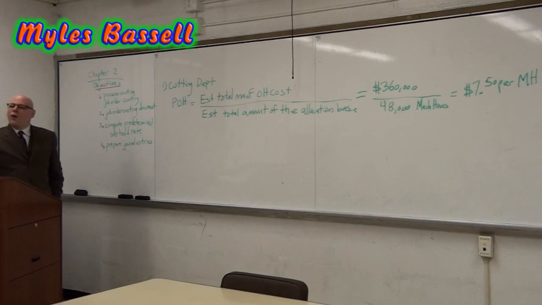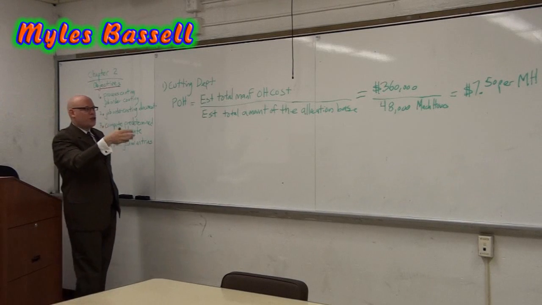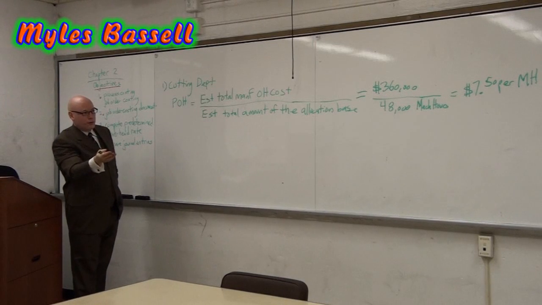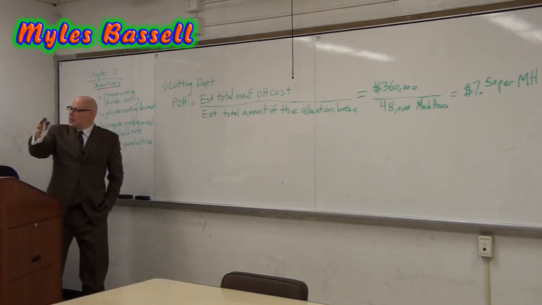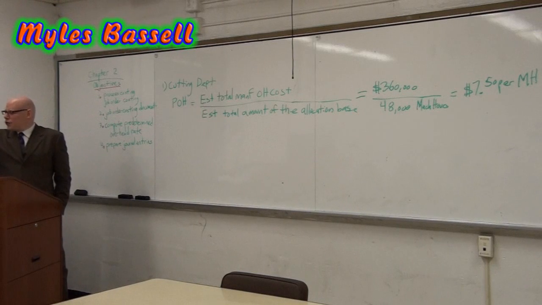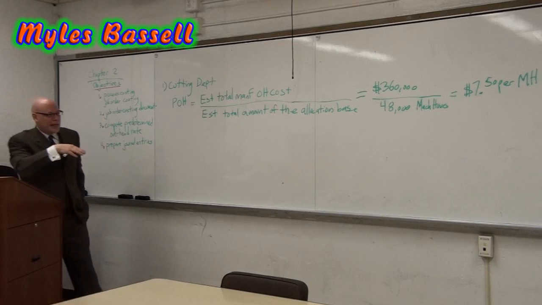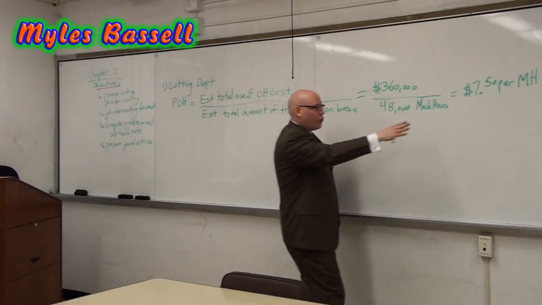So remember, we're always trying to figure out, as managers, the future. As managerial accountants, we use this information to make decisions about the future. That's why we're going to make this estimate. We're not focusing so much on financial accounting. We're focusing on managerial accounting. So this is very helpful to us.